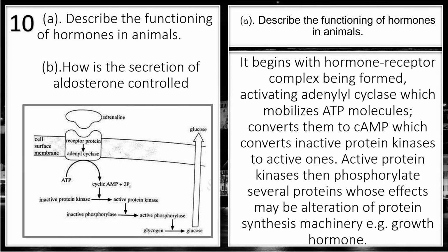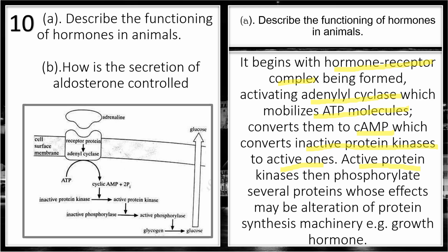It begins with the hormone receptor complex being formed, activating adenyl cyclase, which mobilizes ATP molecules and converts them to cAMP, which converts inactive protein kinases to active ones.